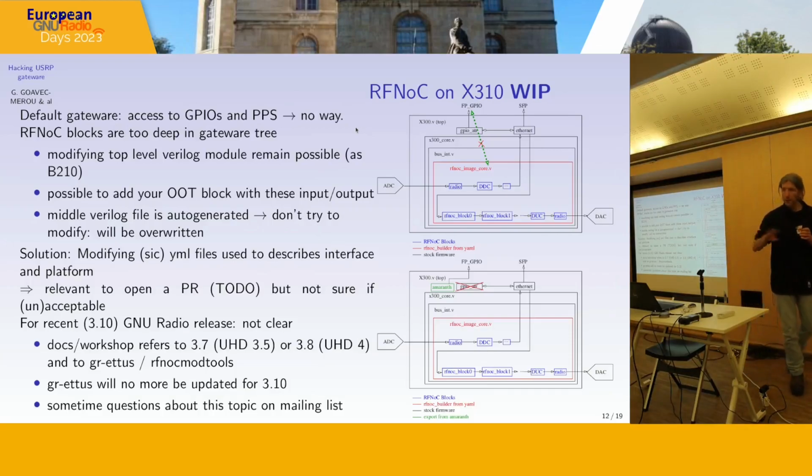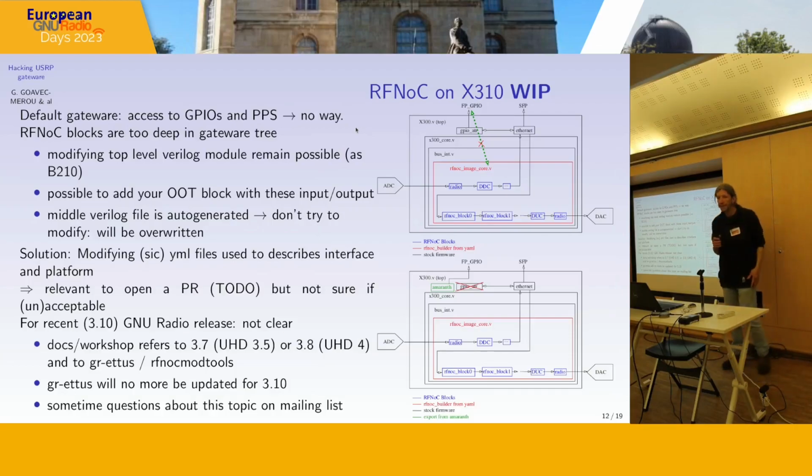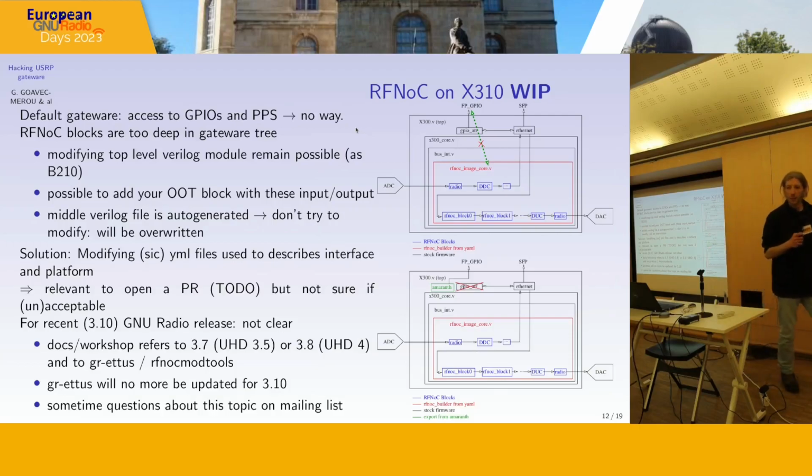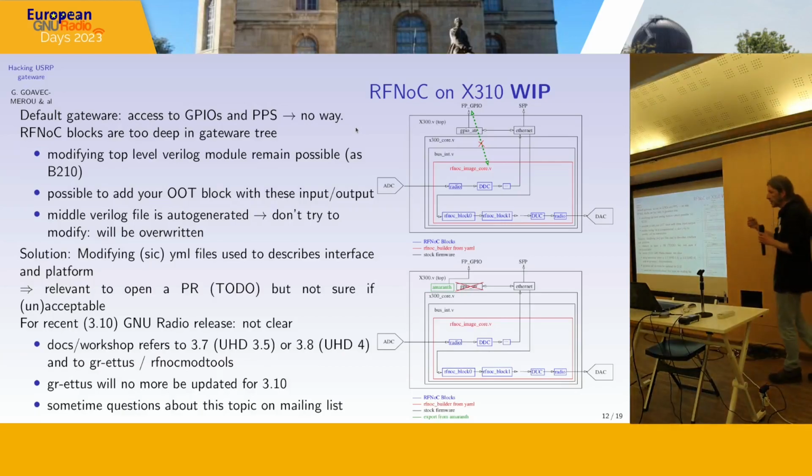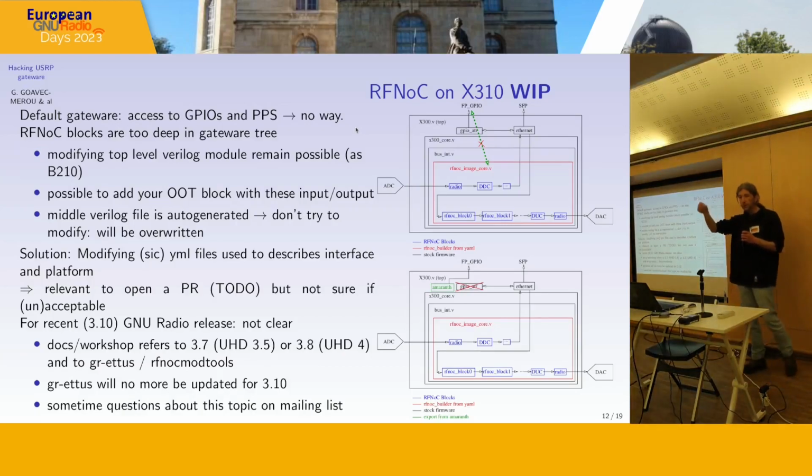So, no way, it's not a solution. In fact, the solution is, again, to modify UHD. And in fact, to modify some YAML file to describe and to add some interface and to explain, for example, that the PPS may be distributed to the RFNoC block. It's possible.